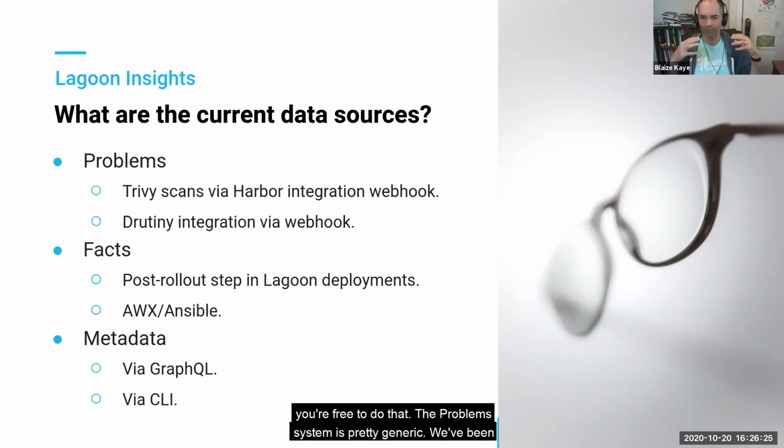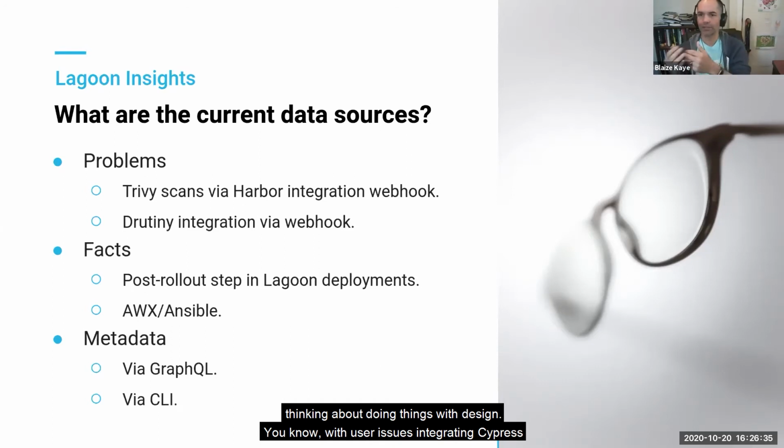The problems system is pretty generic. We've been thinking about doing things with design, with user issues, integrating Cypress tests into this. Pretty much anything that can generate structured data that can be couched as a problem can be written to the problems DB, but primarily it's Trivy and Drutiny.